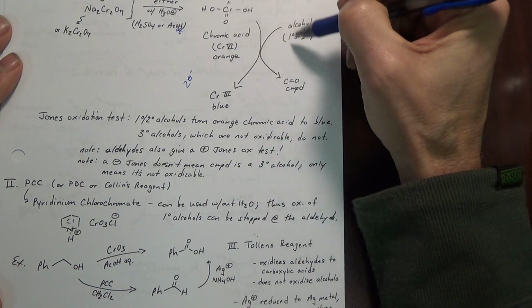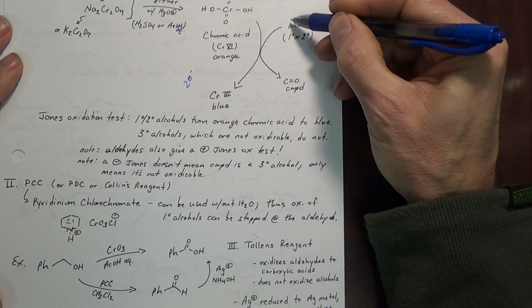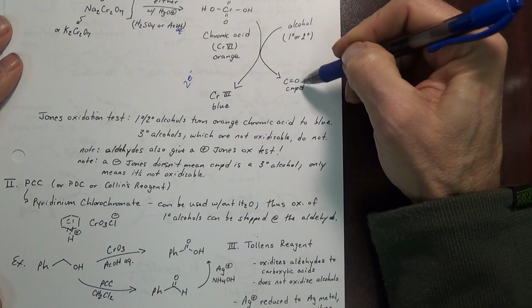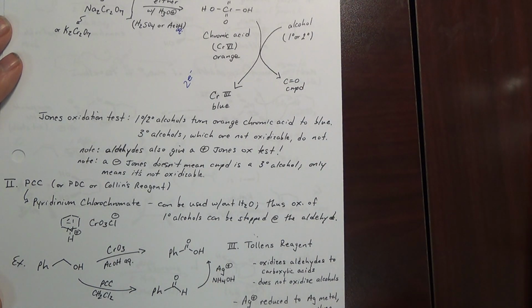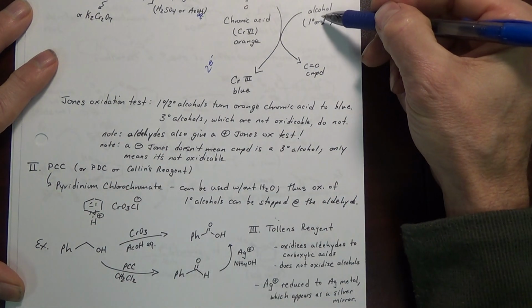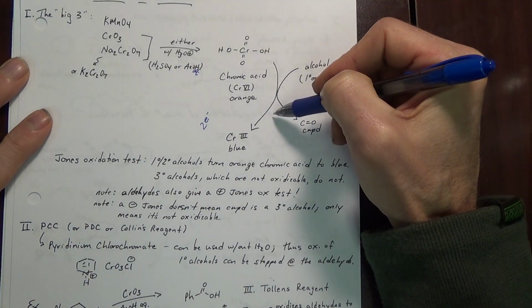Now, typically in organic chemistry, we're interested in the organic product, and so we focus on the fact that the alcohol got oxidized to the carbonyl compound product. Because tertiary alcohols cannot be oxidized, they will not reduce the chromium.